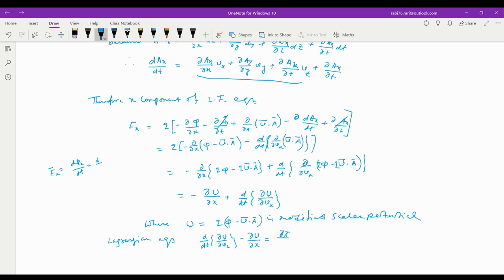So d/dt of px. Px equals mvx, right? mvx equals del by del vx of half m vx square, right?